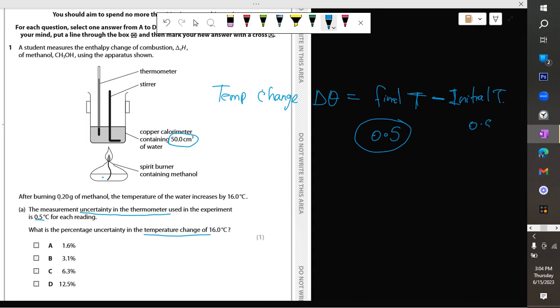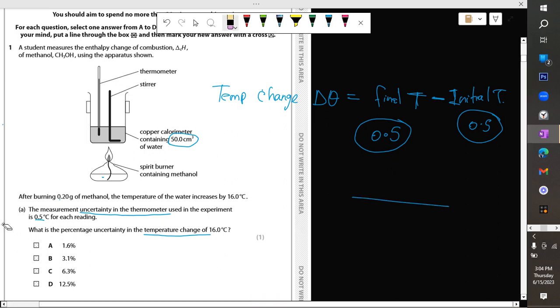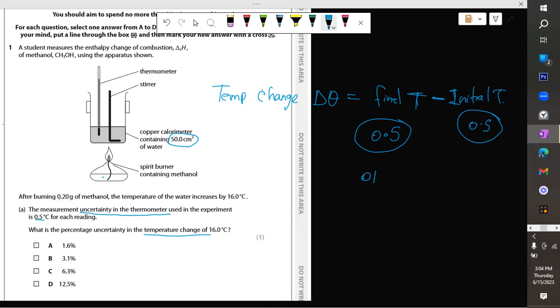So when you read it twice, each time there is an uncertain value of 0.5. So the total uncertainty is 0.5 plus 0.5, which is 1 degree Celsius.